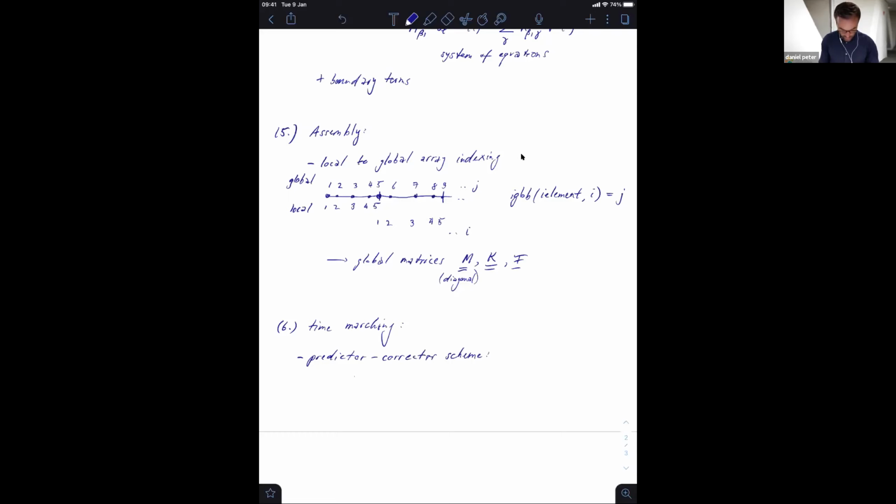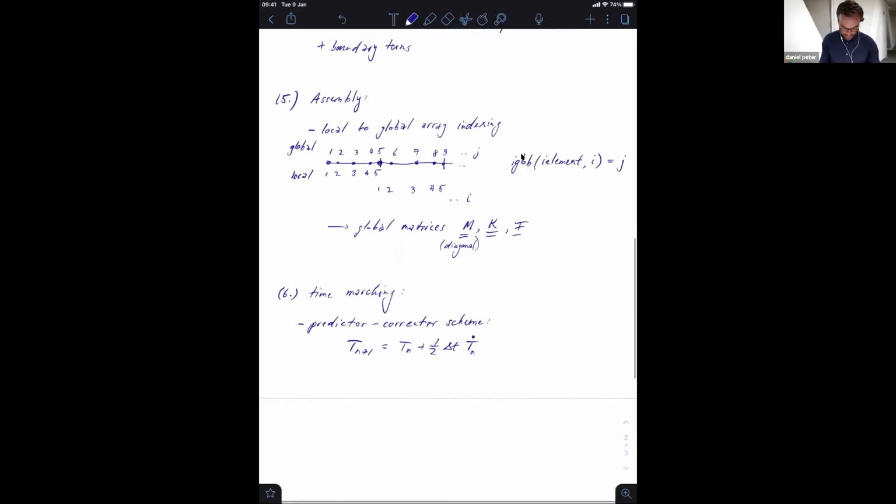Which looks something like that. We have T n plus 1, then T n plus 1/2 delta T, the time step size, times the derivative T n. And in the first predictor step we set the derivative to 0.